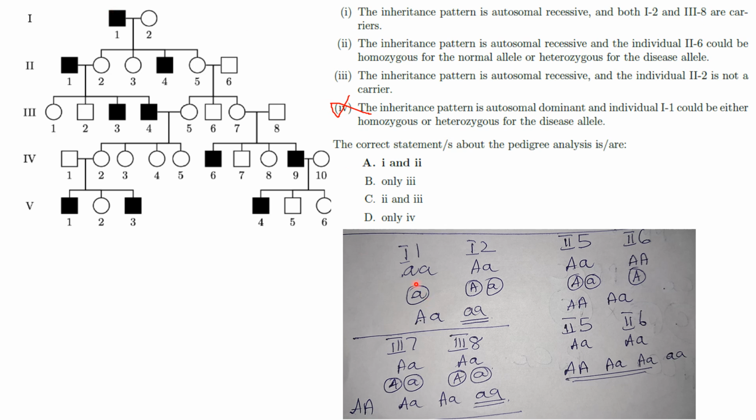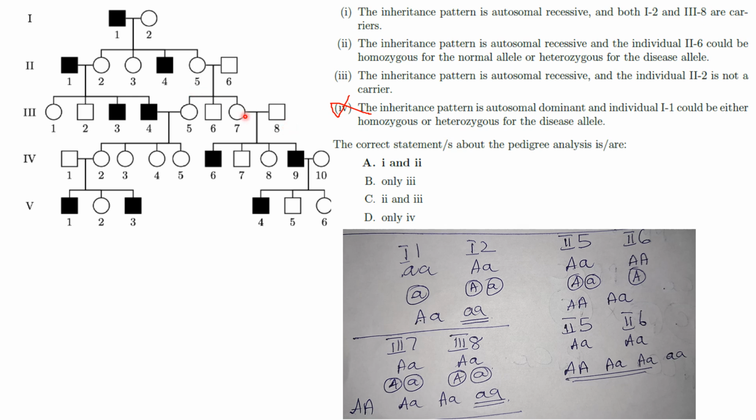So it will be aa, and 1, 2 will be heterozygous because here the offspring is affected. Sorry, I said by mistake recessive, it will be heterozygous. So here this is the genotype of the affected individual. So 2, 4 will be this. So that's correct. Then coming to 3, 8. 3, 8 are carriers of the disease.